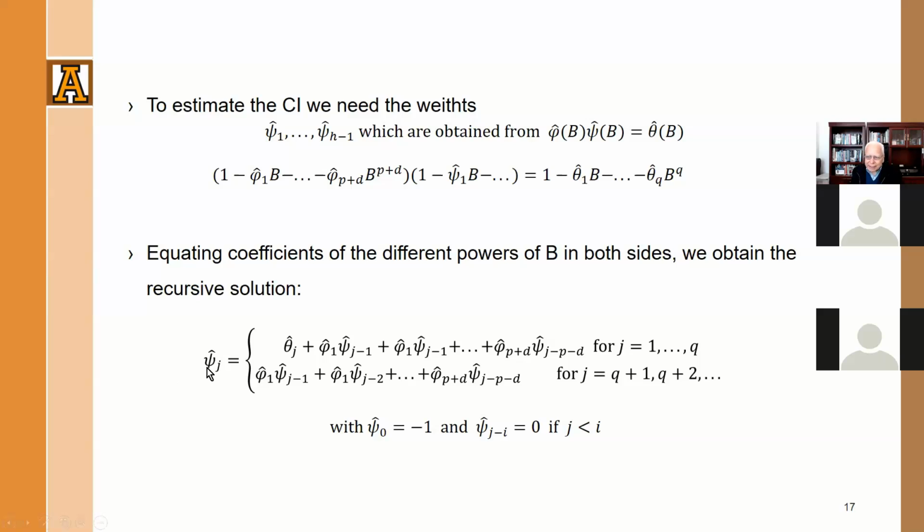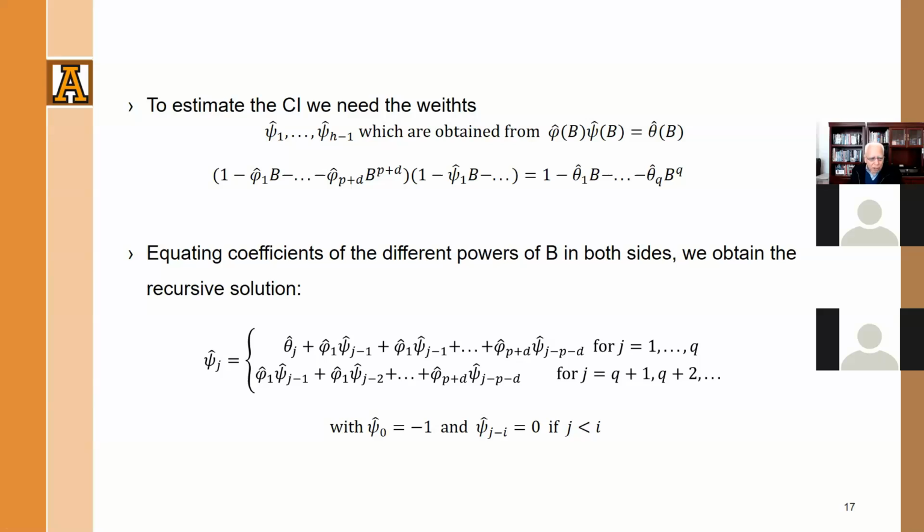And then psi hat will be given by, and this is again just algebra, theta hat sub j plus phi 1 hat psi hat j minus 1. But I'm going to stop saying hat, there are too many hats here. These are estimates, and we're dealing only with estimates.